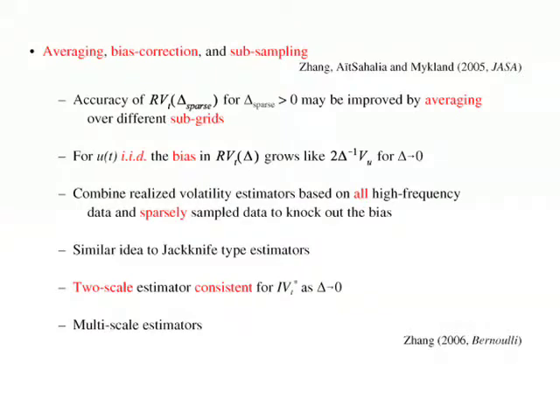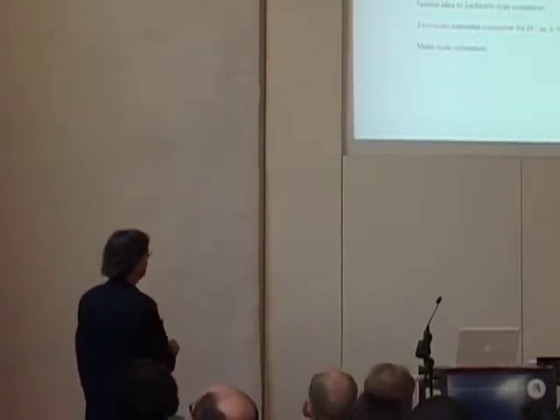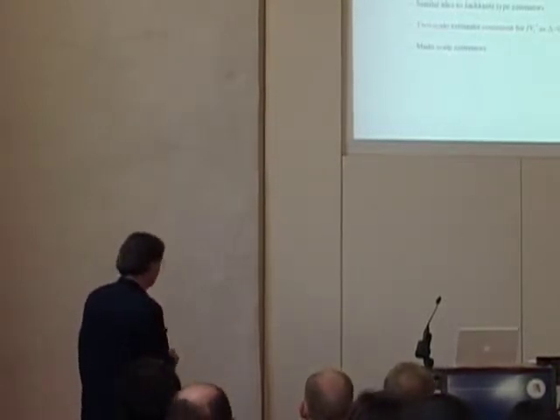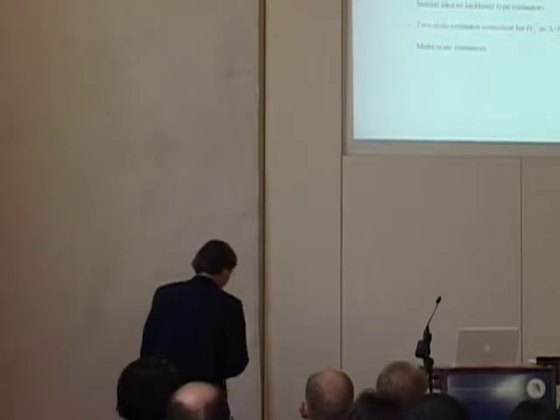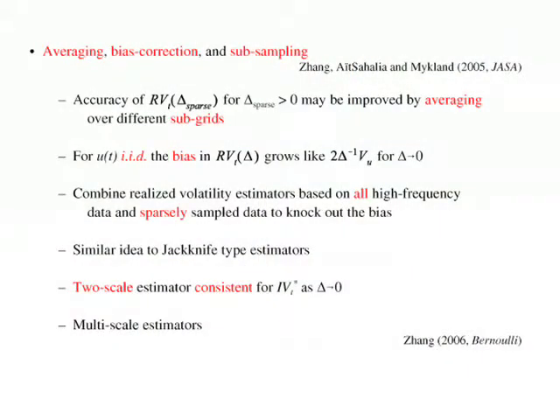Now, another thing is that if you make certain assumptions about the form of the noise, this UT term, you can formally derive the rate at which the bias or the inconsistency in the realized volatility measure behaves as you sample more and more frequently. You can use that insight by using estimators based upon sampling at 2 different scales.